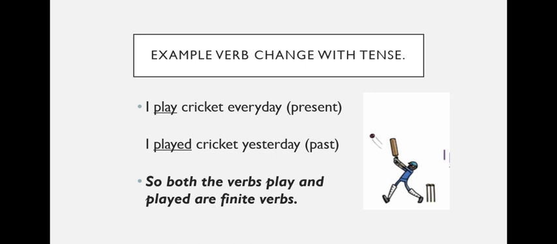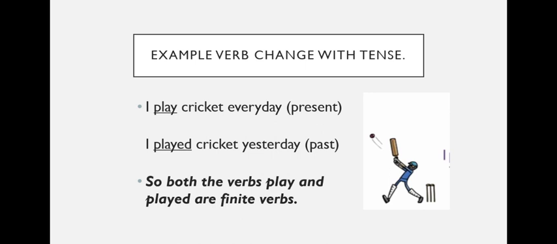Now let us understand each of these three parameters with the help of examples. As you can see in the slide, examples of verbs that change with tense. That means the verb changes depending on the tense. Now let's see the example. I play cricket every day.